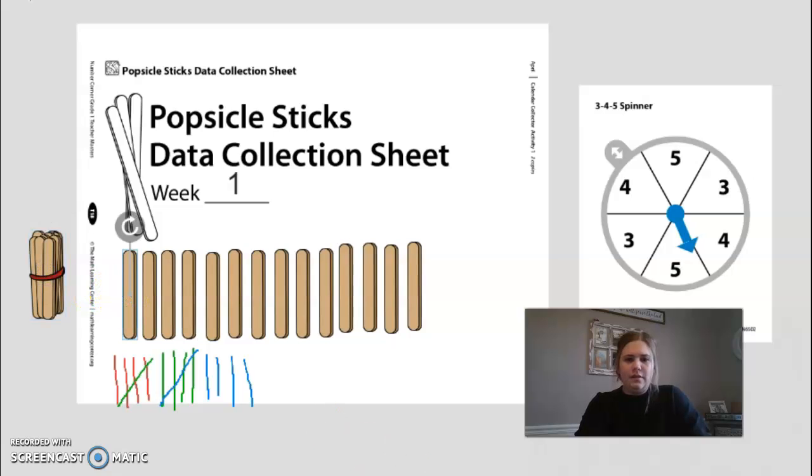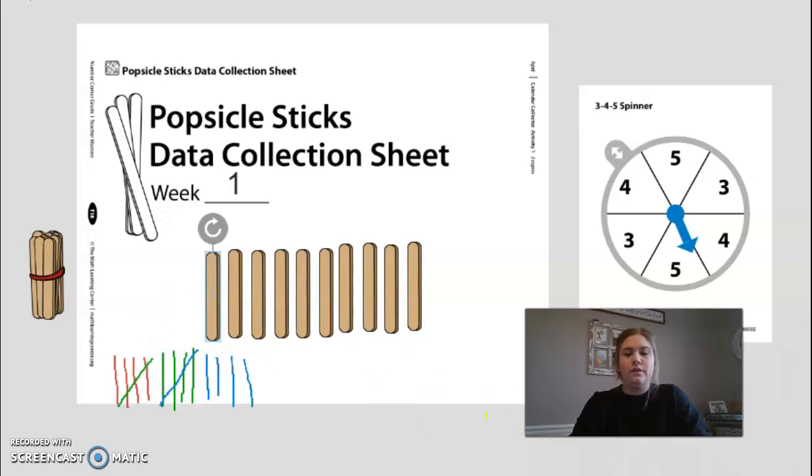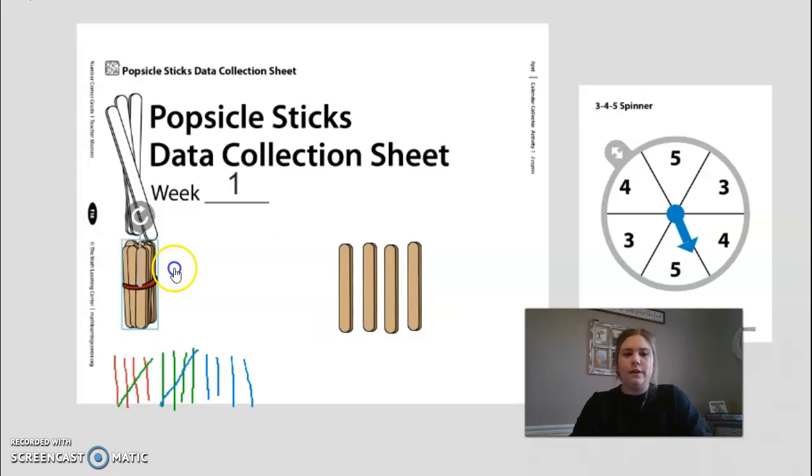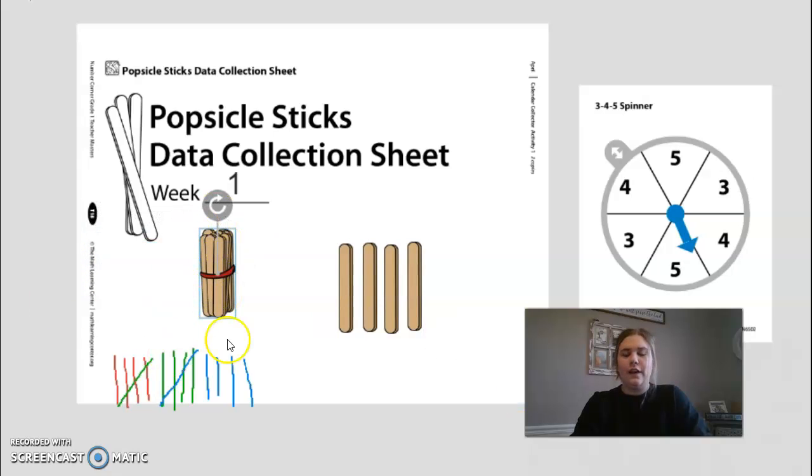So 1, 2, 3, 4, 5, 6, 7, 8, 9, 10. So here's our bundle of 10 now. They all went into there.